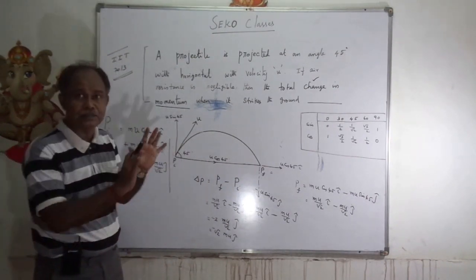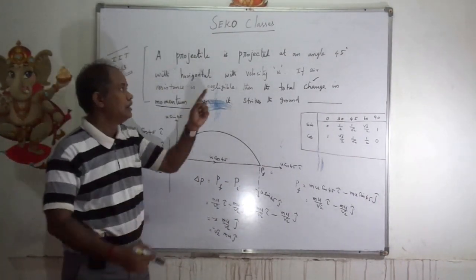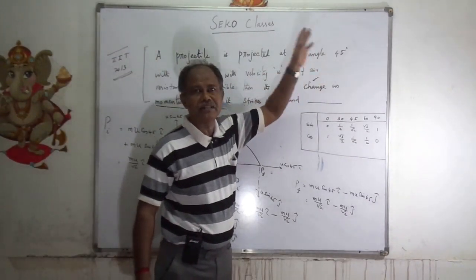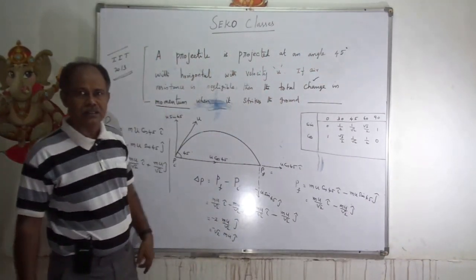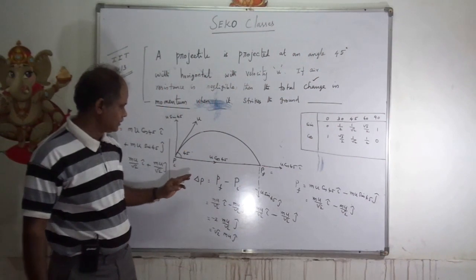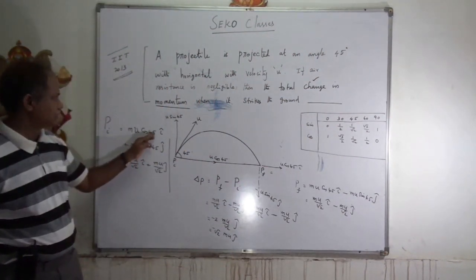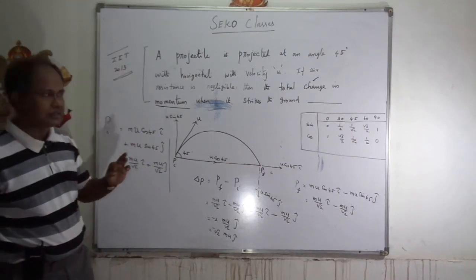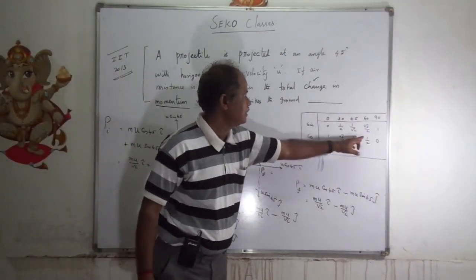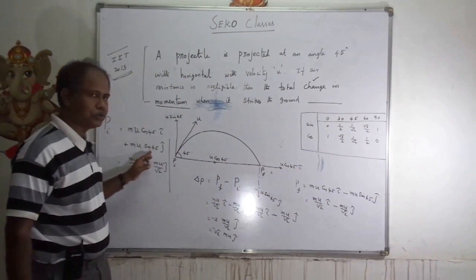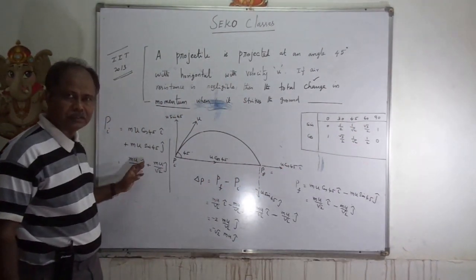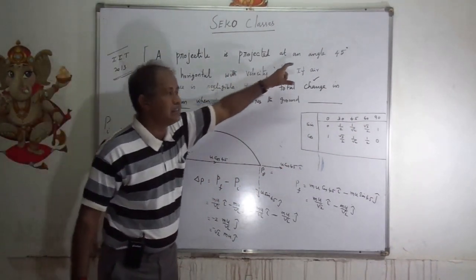In the same manner, this problem can be asked like this. Instead of 45, they may ask 60. Then the initial momentum is what? Initial momentum is cos 60, sin 60. Cos 60, you know, is 1 by 2. The same manner, you just change the angle.